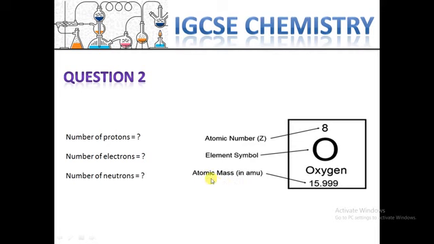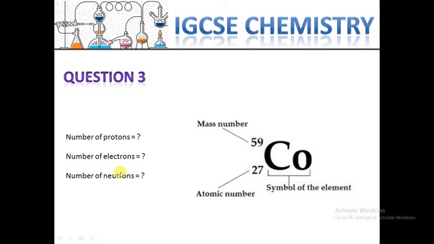For this one, you can consider the atomic mass as 16, because 15.99 can be rounded to 16. And question 3 is the same as questions 1 and 2. You need to find the number of protons, electrons, and neutrons.